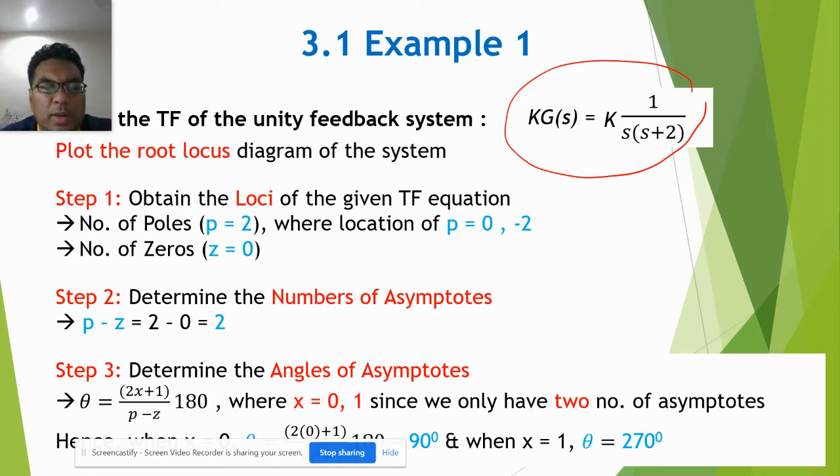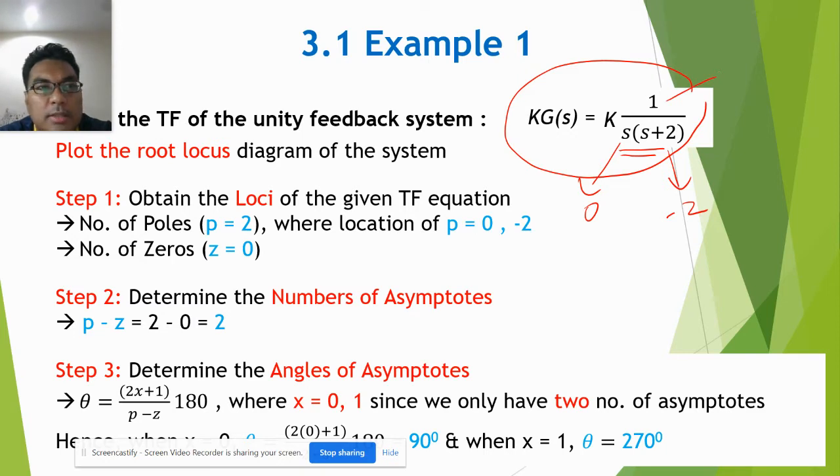Step number one, to obtain the loci of the transfer function. You have this numerator and denominator. From the poles you know that there are two poles, this and this, where you have the locations s equal to 0 and s equal to -2. So you have two poles, 1 and 2 here, and no zeros here.